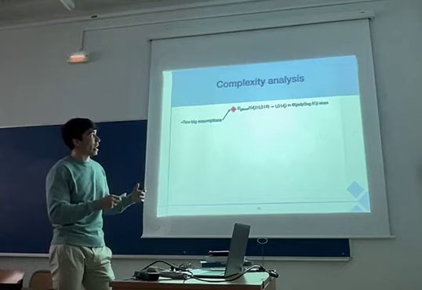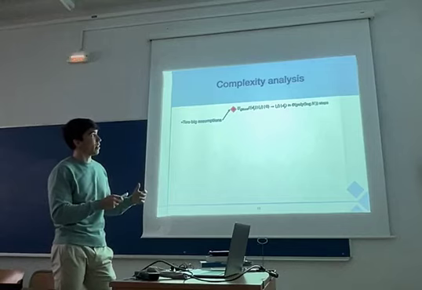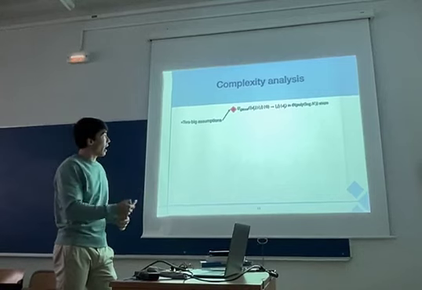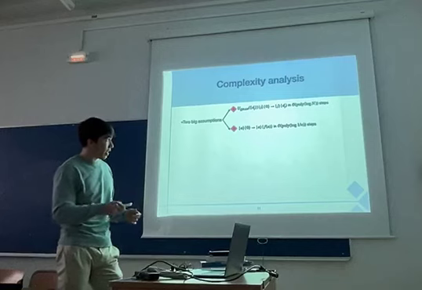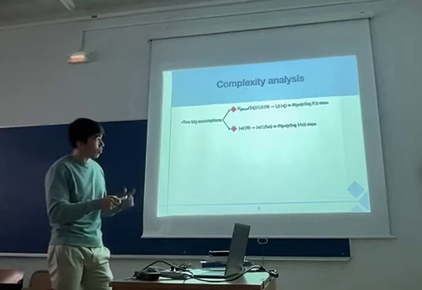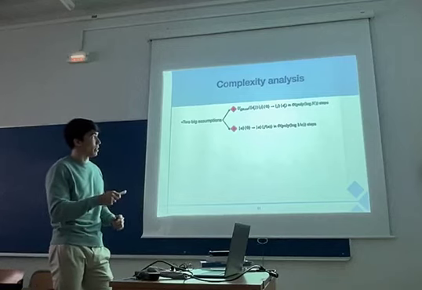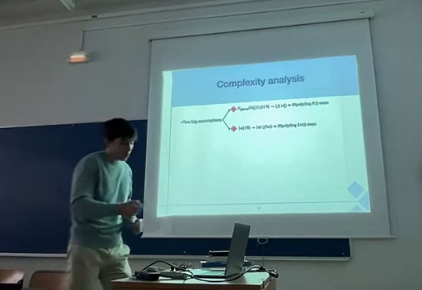As before, here I had the positions and here the value of the pixel associated to this position. And we have also made the assumption that we are able, with precision epsilon, to implement these kinds of transformations.